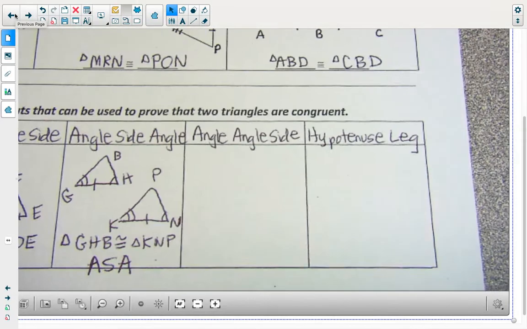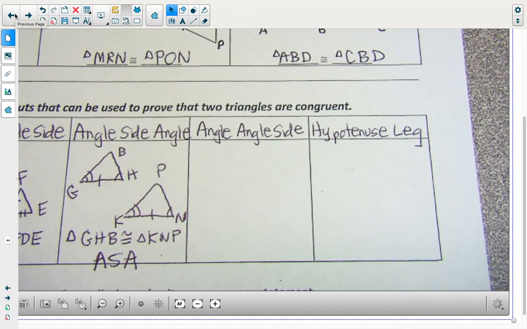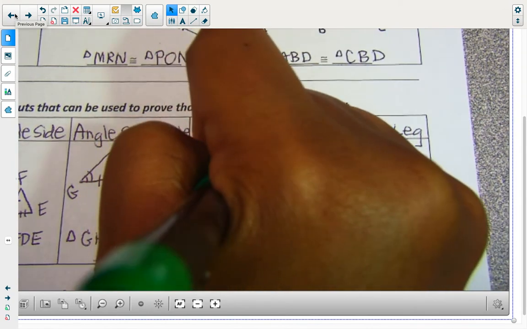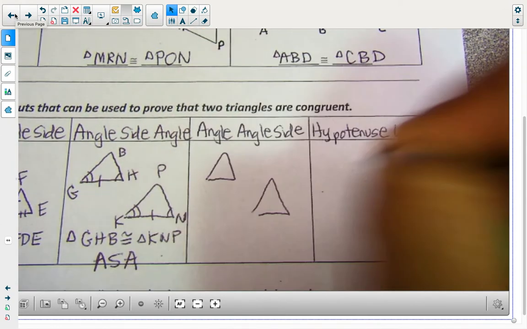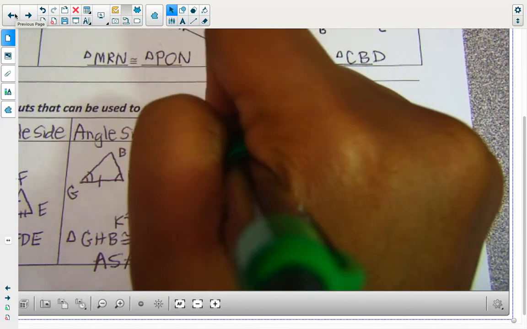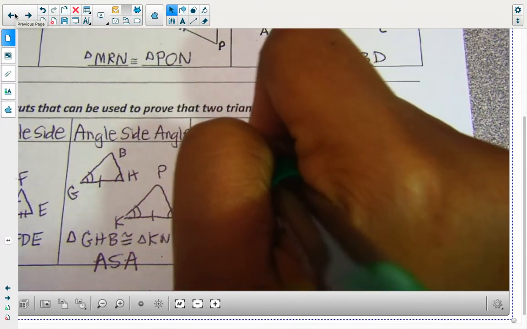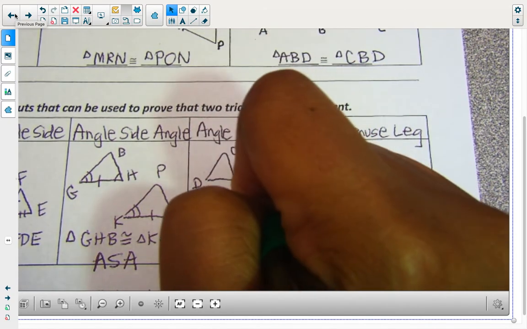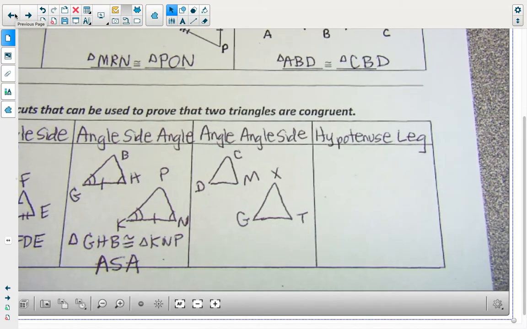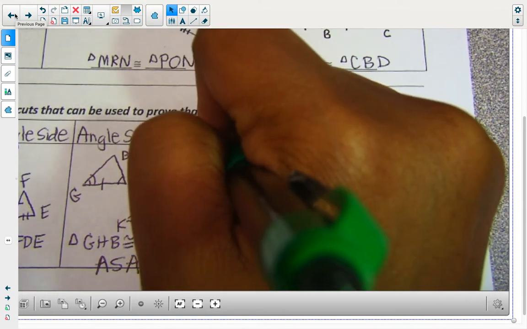I'm going to slide on over so we can get to our last two, angle, angle, side, and hypotenuse, leg. So we'll draw our triangles. So we're going to do D, C, M, and G, X, T. So those are going to be the vertices for this triangle. And I will put in our congruency tick marks.